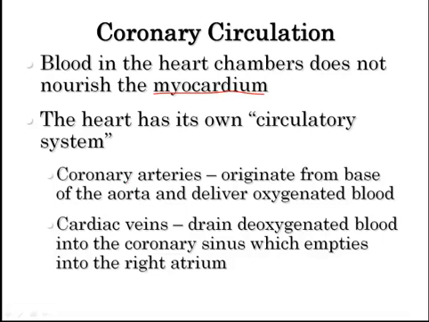The coronary arteries actually come right from the aorta. So one of the first places that your blood that's getting pumped out of your heart goes to is directly back to the heart, but it delivers it to the outside of the heart. So it's going to deliver all the oxygenated blood that just came out of the heart to the actual muscle of your heart from the outside. The cardiac veins are going to take the deoxygenated blood after your heart just used all that energy to pump, and it's going to empty it directly into the right atrium.